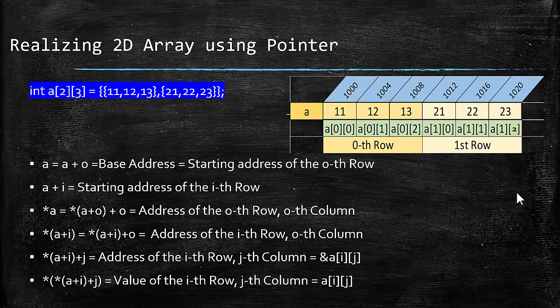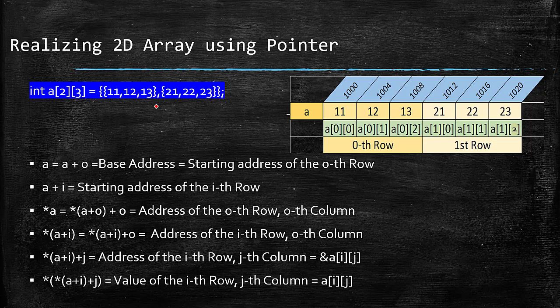Now let us see how we can realize a two-dimensional array using a pointer. Here we are declaring a two-dimensional array A, which has two rows and three columns. Now we are initializing that array A with the values 11, 12, 13, 21, 22 and 23.